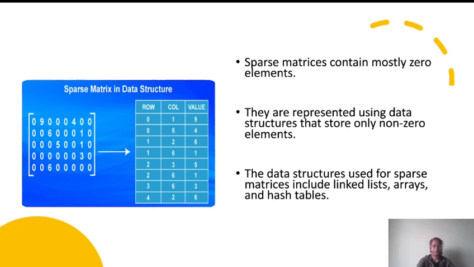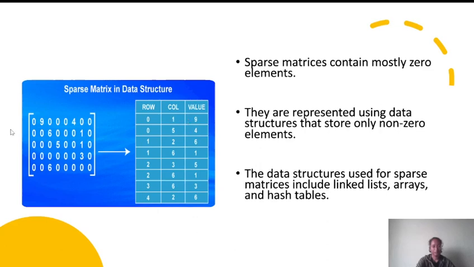Here is an example of a sparse matrix. As we can see, there are a lot of zeros and very few non-zero numbers. This matrix can be represented as a hash table like this one. It shows the rows, columns, and the value of the non-zero elements in the matrix. For example, the first one, row 0 and column 1, has the value 9.